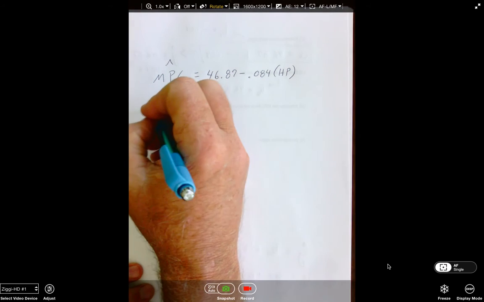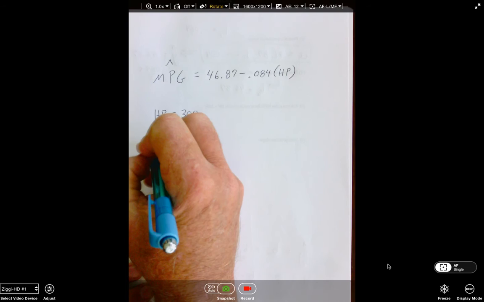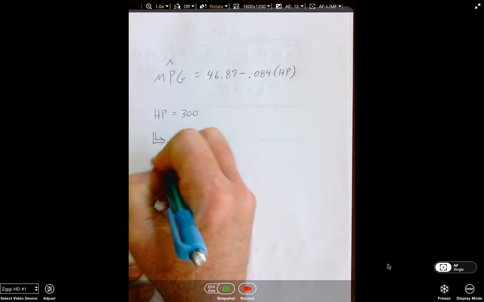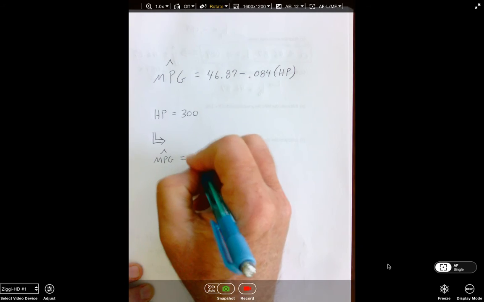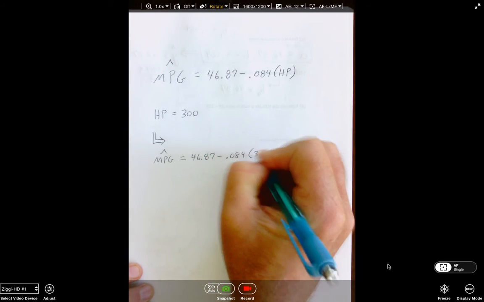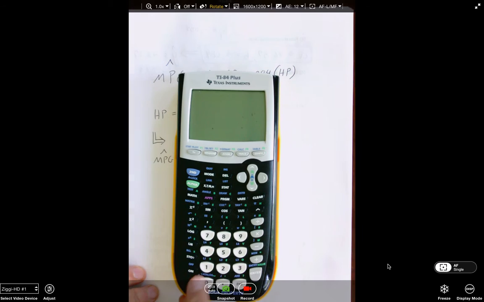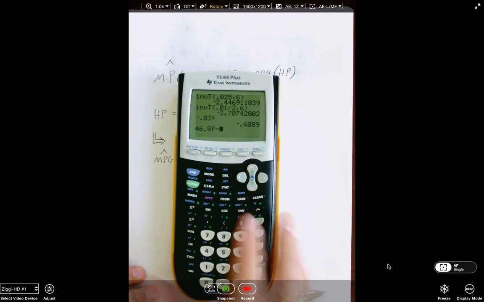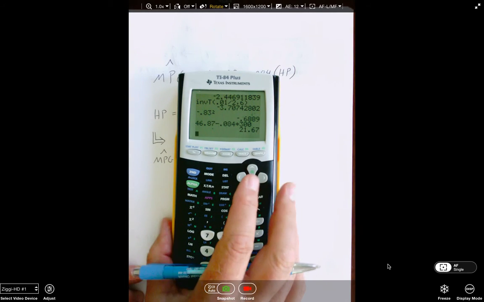So gang, for a horsepower of 300, we're going to predict the miles per gallon to be 21.67.